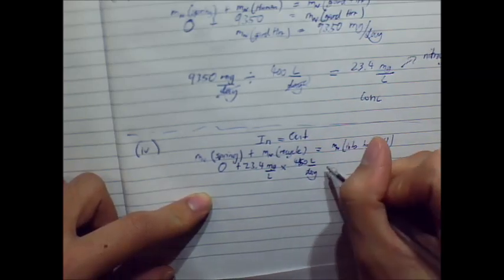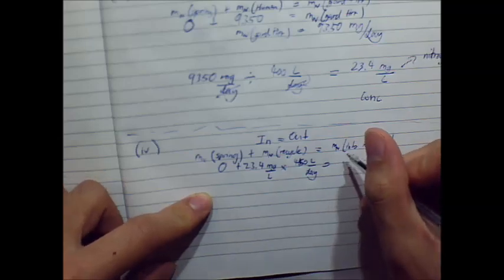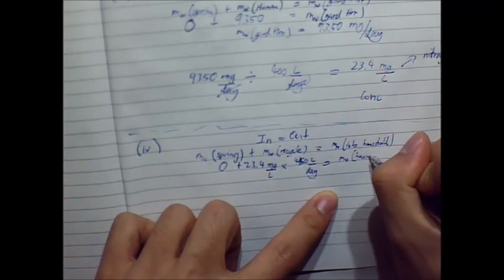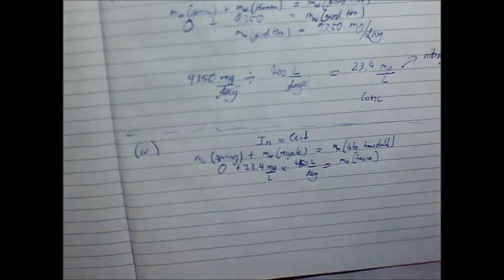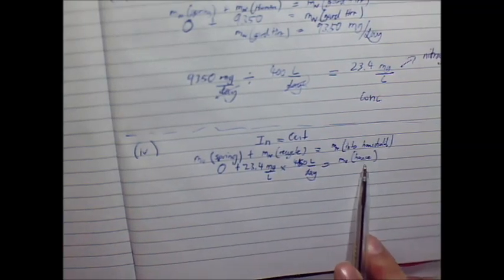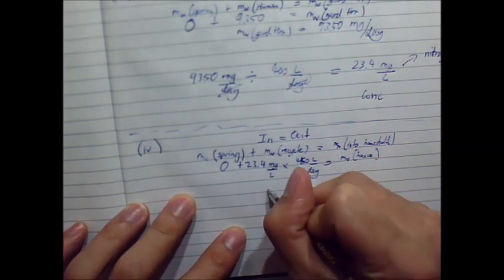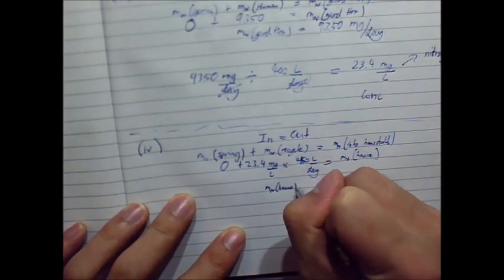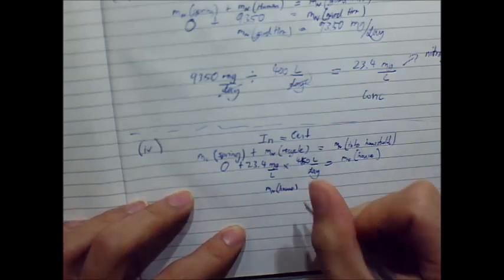That gives me the mass of nitrogen into the household, which is what we're trying to find. We don't know this one yet. And again, we can do some simple maths to work out what this is.